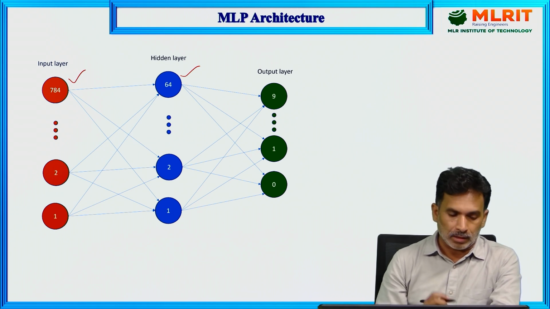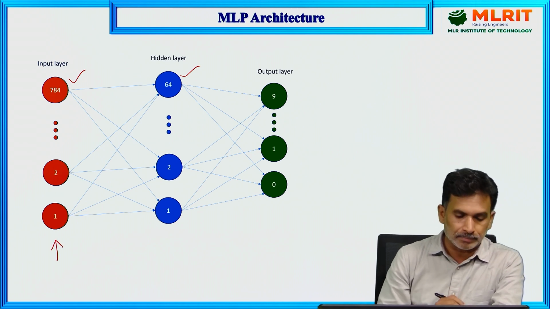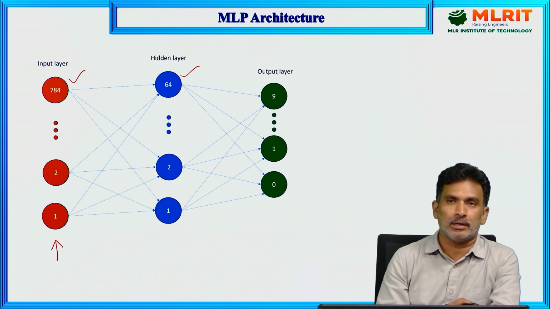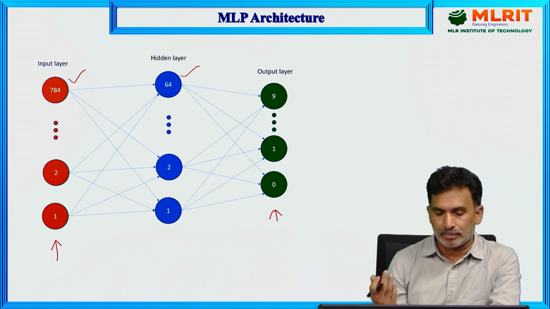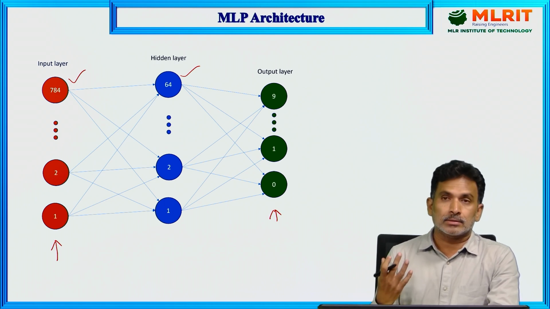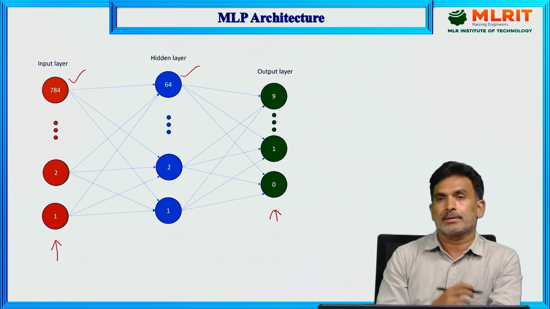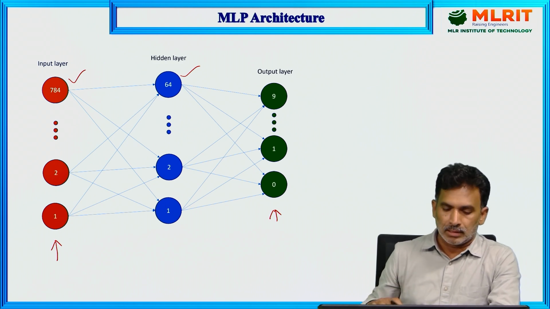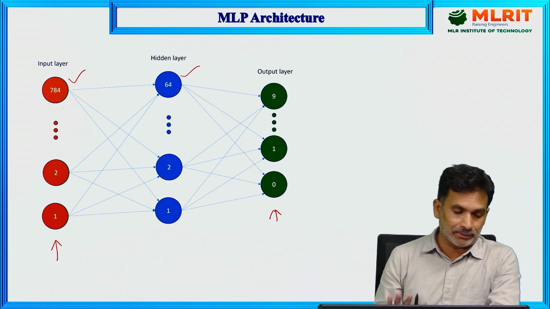These depend on the input and the output, on what kind of task you are going to solve using this deep learning model. The number of neurons in the output layer mostly depends on the task you are going to do.